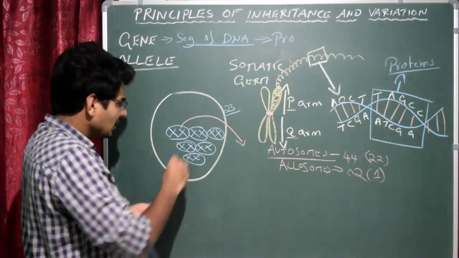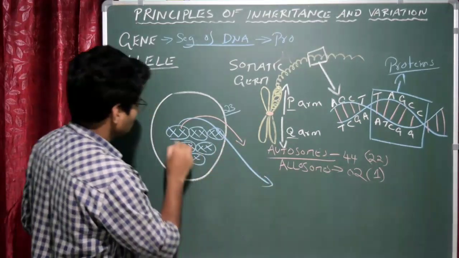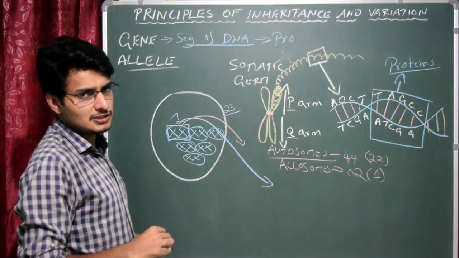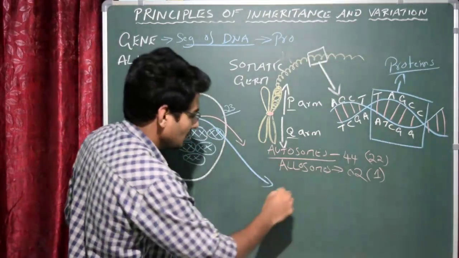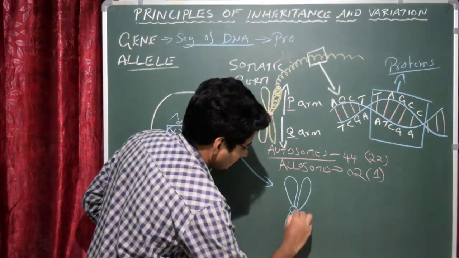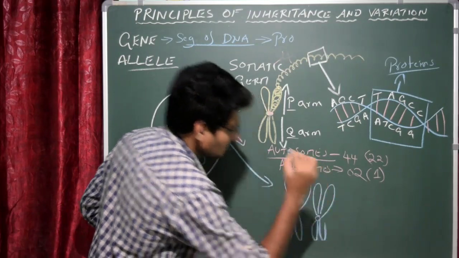Now here what I am going to do is take this chromosome, that is chromosome number 1, which contains 2 chromosomes, that is the first pair of chromosomes. So here I am going to draw. This is the first chromosome.